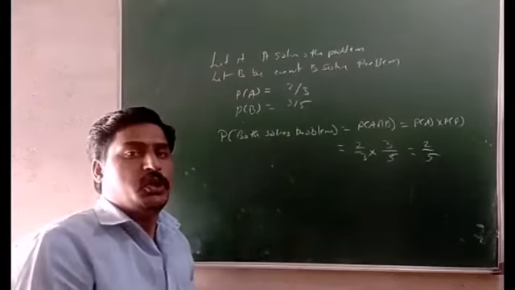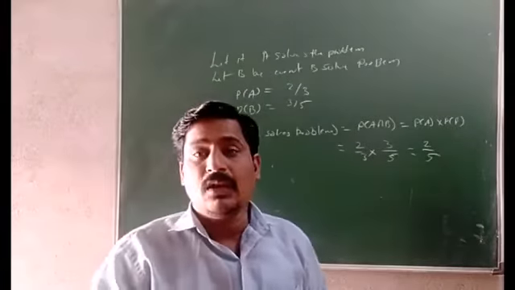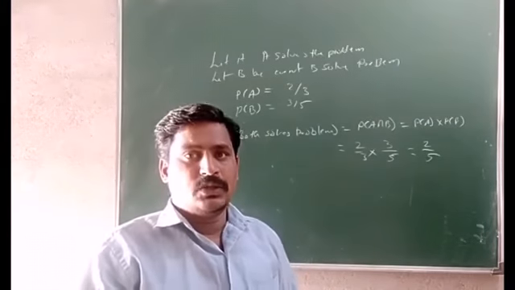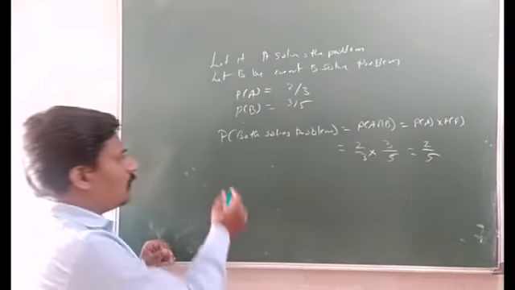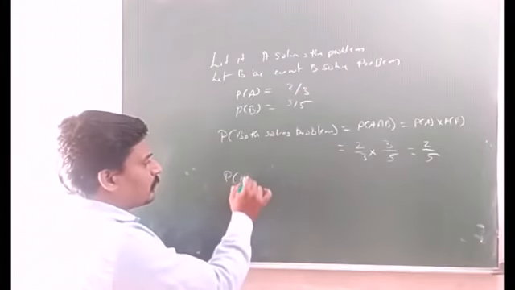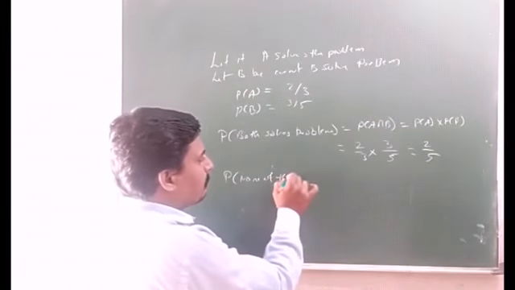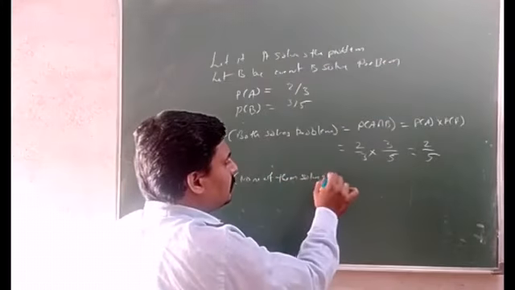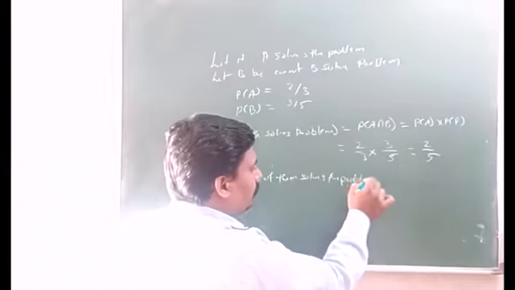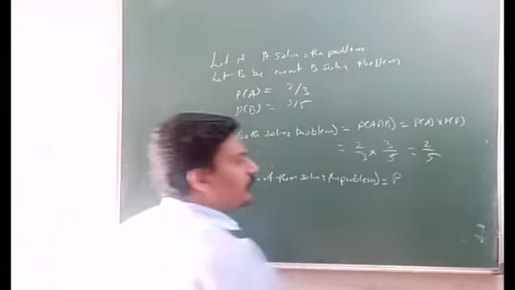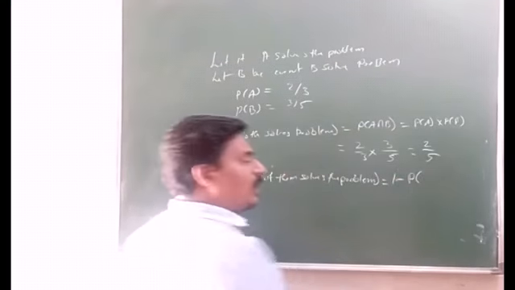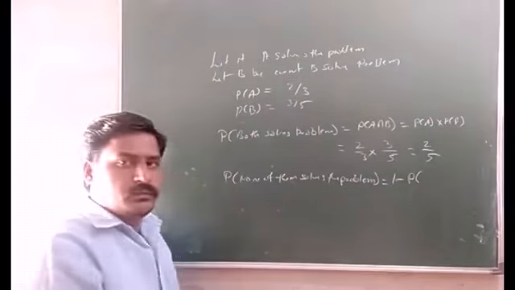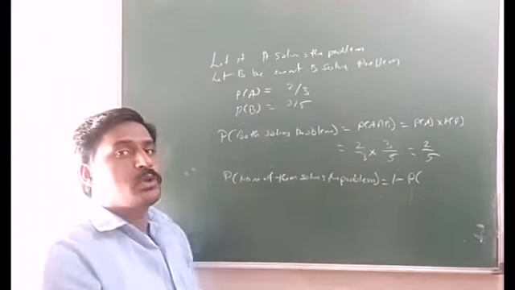Now the second question, that is none of them solves the problem. So none of them solves the problem. Here we have to solve it like this. P of none of them solves the problem is 1 minus probability of... here probability is given for both of them will solve the problem.